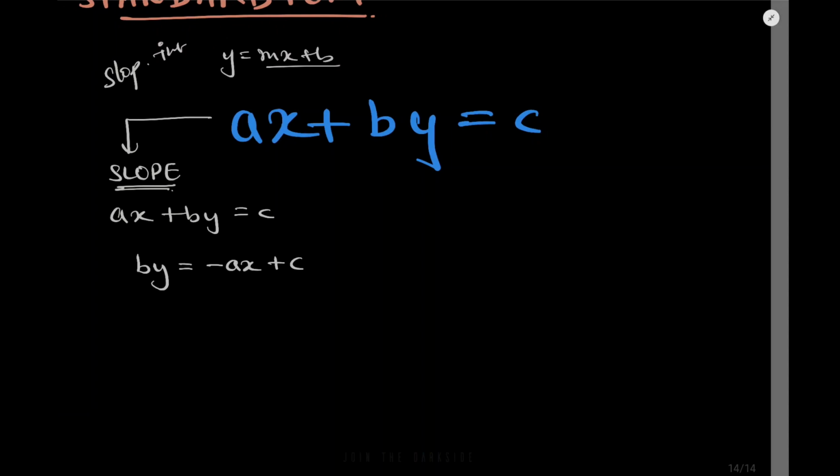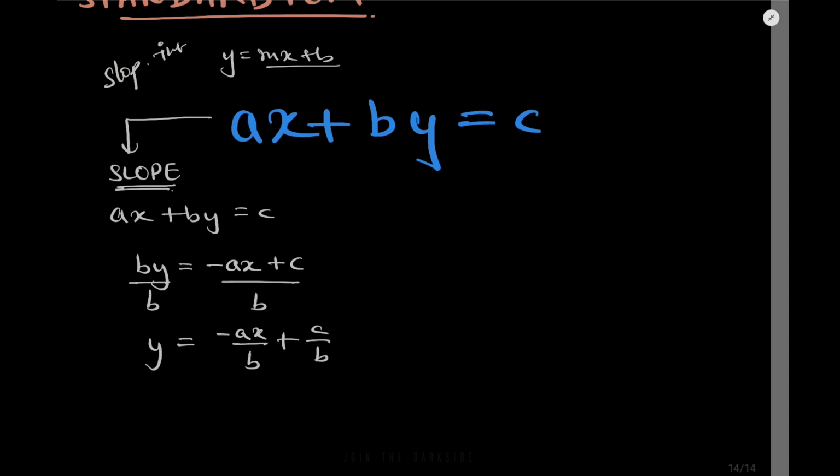Okay. Now, but I told you that I don't want anyone with y. I want it to be alone. So we divide both the sides by b. So it will be like y is equal to minus ax by b plus c by b. And there we go.